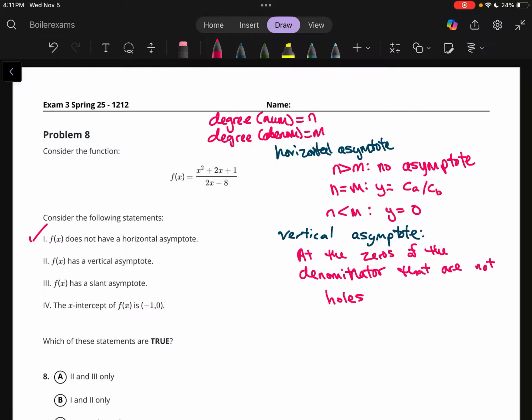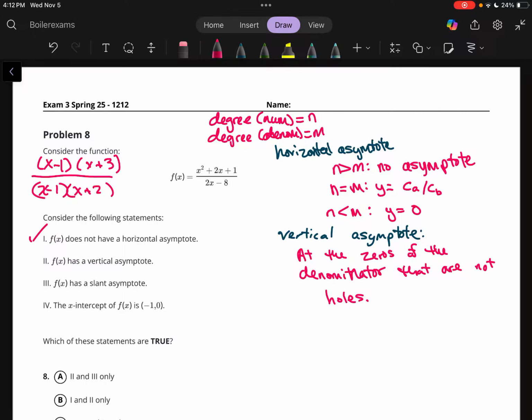When I say zeros, I mean the values for which the denominator is 0 that are not also holes. Let me expand on that. Suppose we have some function with x minus 1 times x plus 2 in the denominator, and the numerator is x minus 1 times x plus 3.